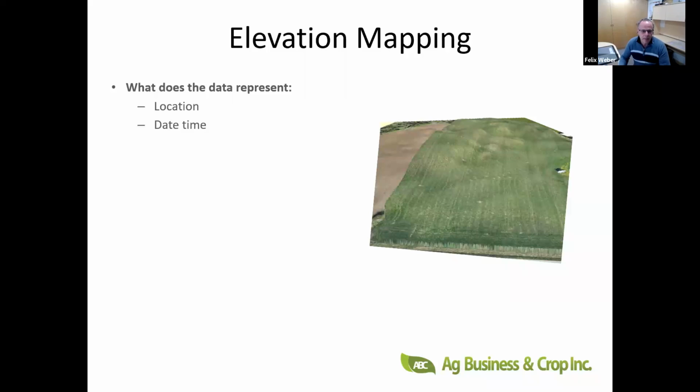The accuracy can depend on the equipment you use and fluctuate based on the GPS reception you have. That information is going to be of value with drainage maps, soil sample locations, production maps, test plots, seedbed preparation, crop protection, etc. I think that's probably a fairly easy one to recognize.